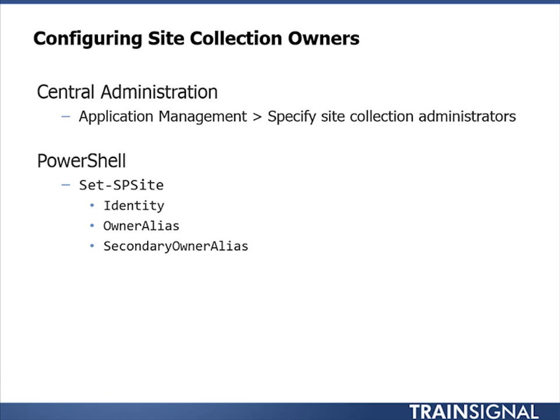If I want to do this through PowerShell, then I'm going to call Set-SPSite. I'm going to specify the identity, and then I'm going to set the OwnerAlias and the SecondaryOwnerAlias to be whatever it is that I might need that to be.